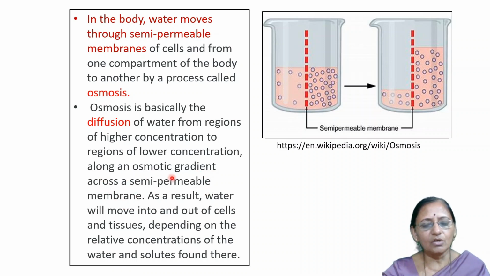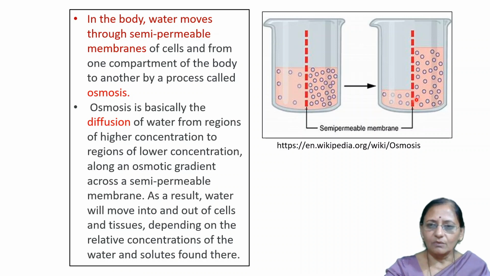That is, along the osmotic gradient, there is a difference in ionic concentration. On this side there is less water, and here there is more water, but again more salt concentration. Water always moves to maintain equal ionic concentration, because ions do not transfer from one side to another, but water can move.